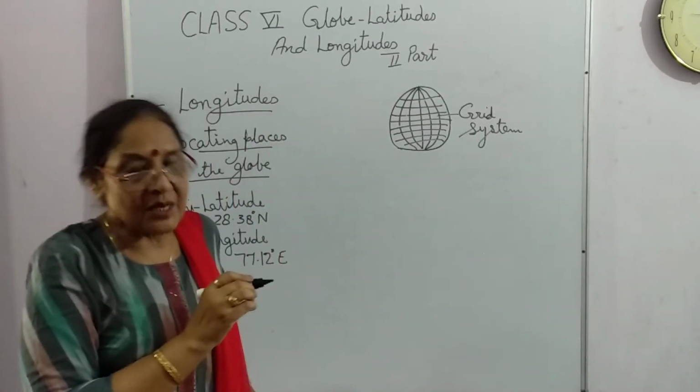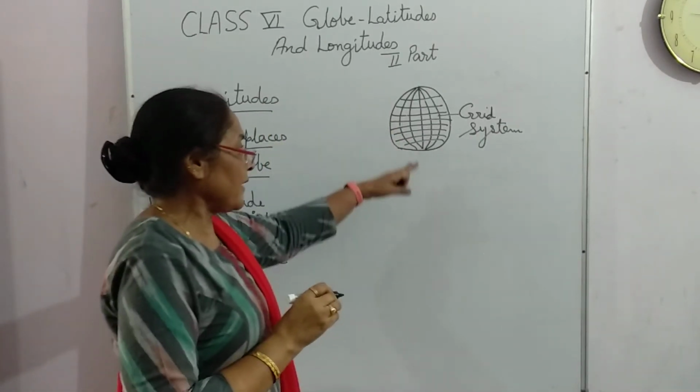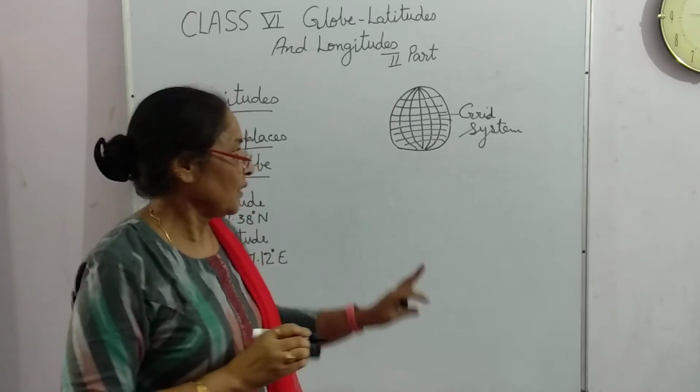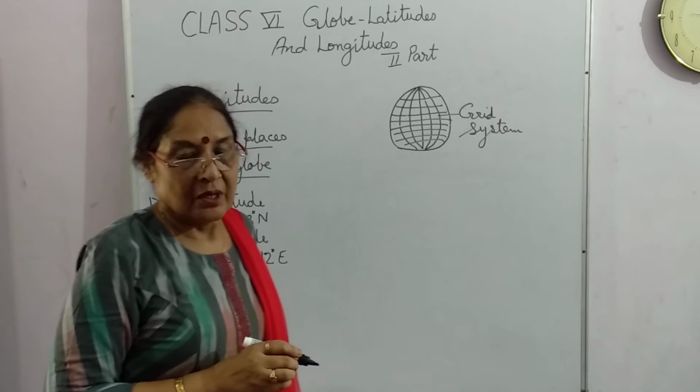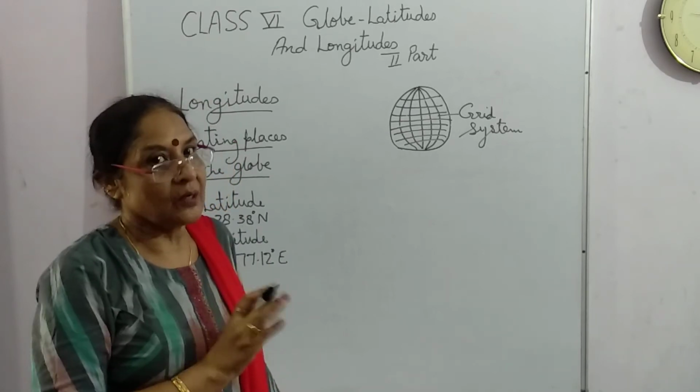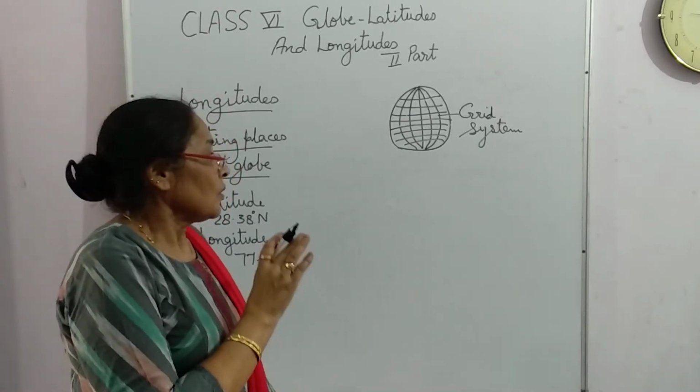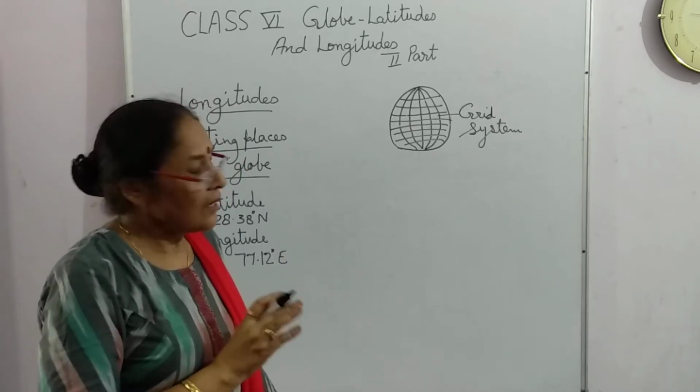This grid system is very important to locate a place on the globe. Without latitudes or longitudes, we cannot locate a place on the globe. So I'll tell you how we locate places on the globe.